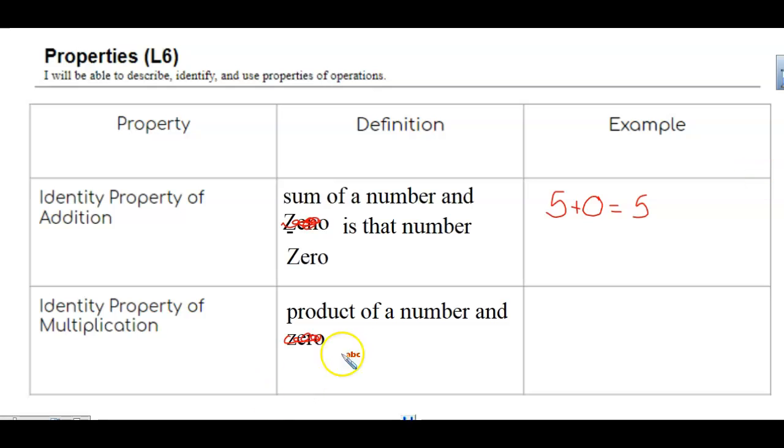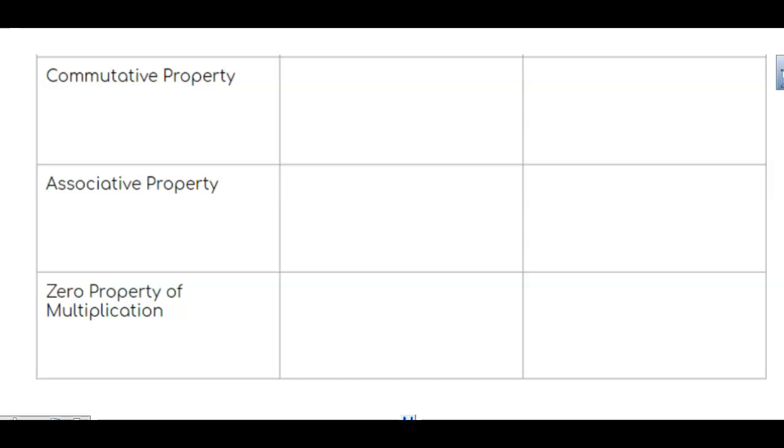The product of a number and 1 is that number. Okay, so that would be like 12 times 1 is still 12. So with the identity property, whatever you start with is what you're going to end with. Okay? Let's keep going. We have more properties.